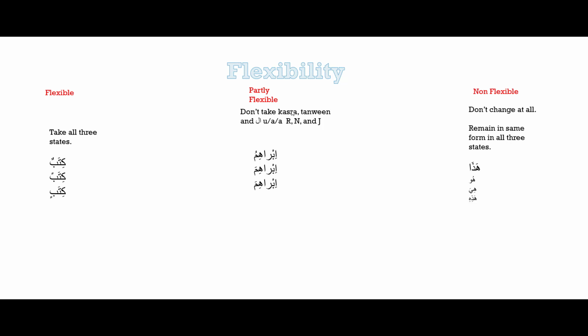But for beginners, to get started with our exercises, I thought of bringing up some categories of isms that are usually partly flexible. So we will look at some of those categories.